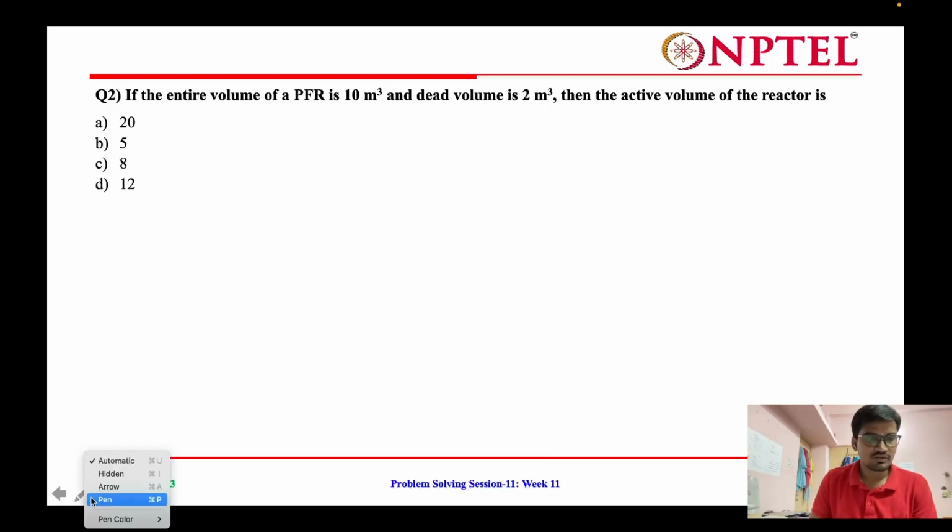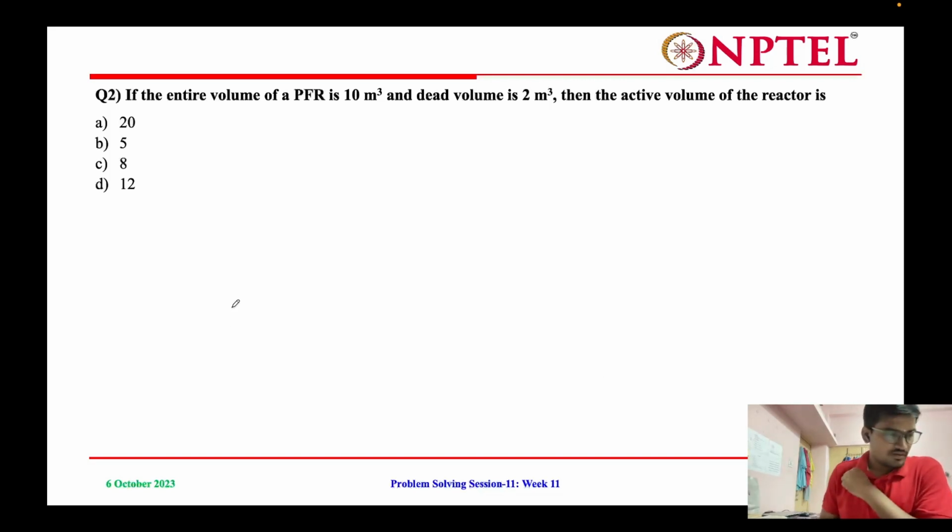Moving to question number 2. If the entire volume of the PFR is 10 meter cube and the dead volume is 2 meter cube, then the active volume of the reactor is. The volume of PFR V is equal to Vp plus Vd, where Vp is the active volume and Vd is the dead volume.